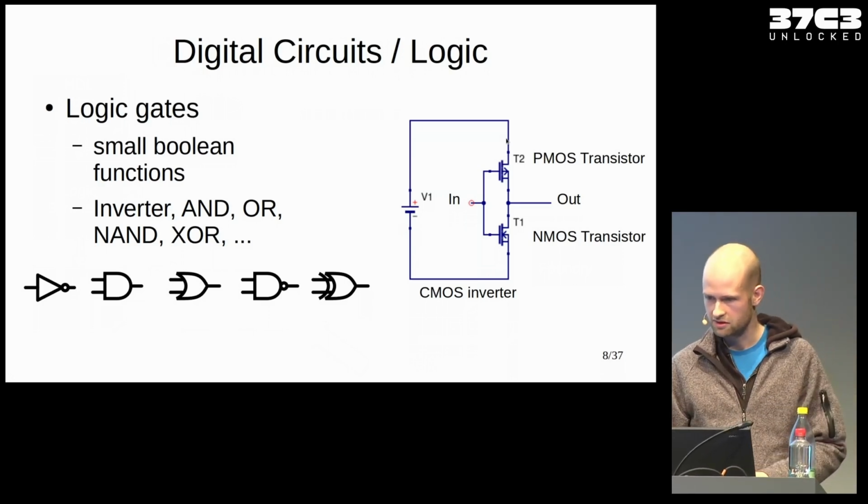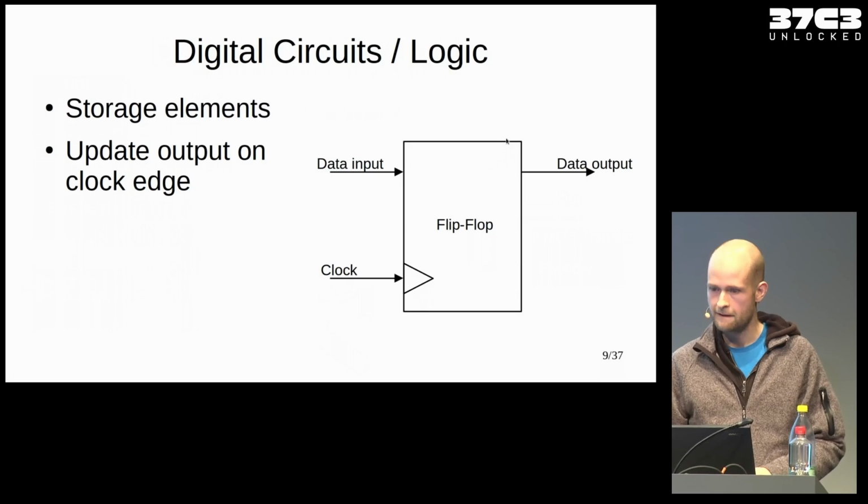It's just more of a reminder if you've seen it before. Then we need storage elements that can be, for example, flip-flops. Flip-flops sample the input signal when the clock edge arrives, and they transfer it to the output and then hold it there. And once we have those logic gates, we can assemble them into big circuits, like CPUs or whatever. And in practice, this can be really many, up to millions.